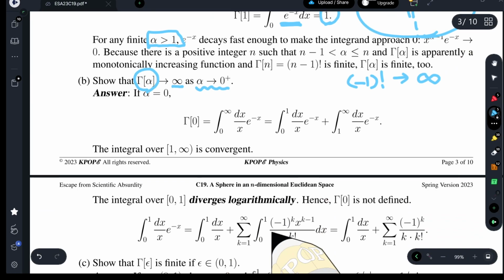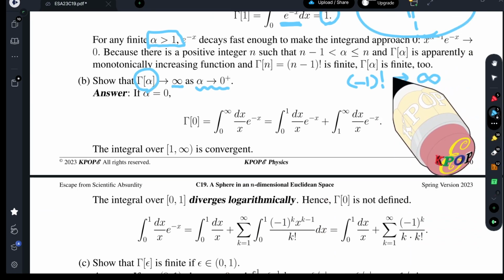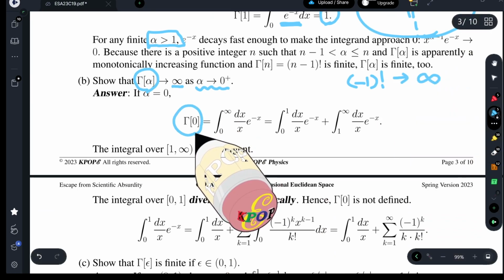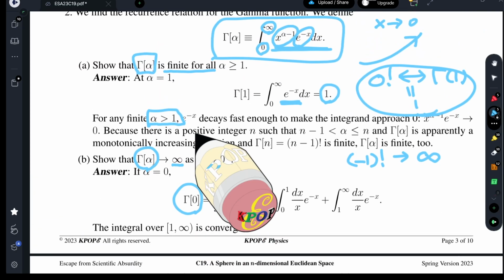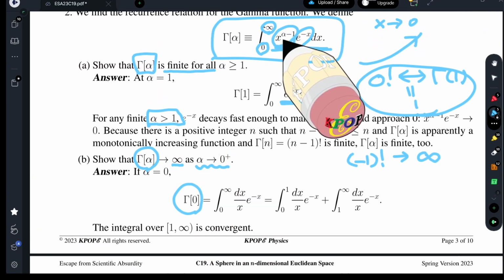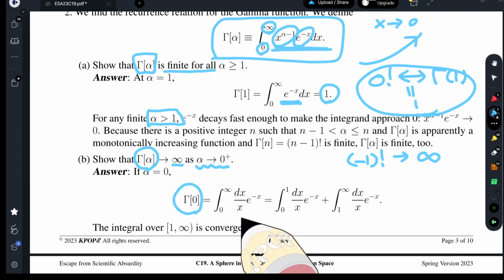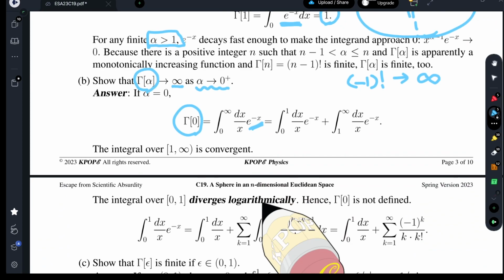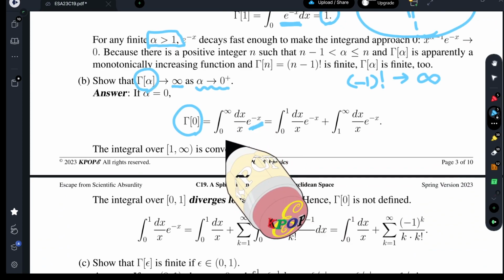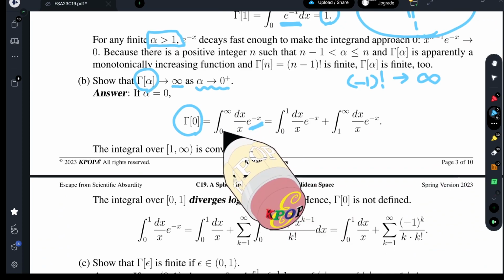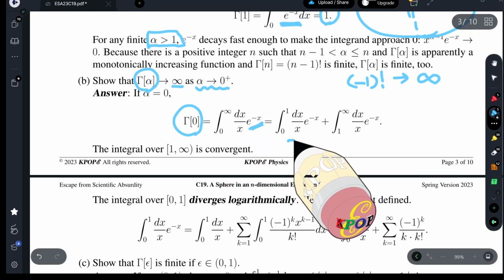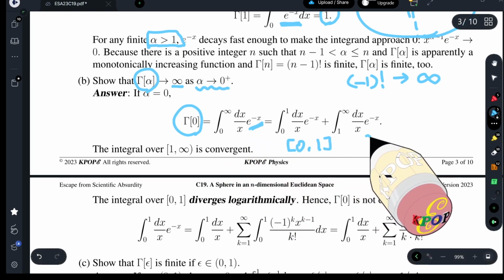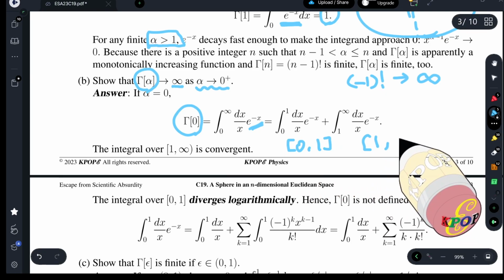Let's see why it is divergent. Gamma 0 can be written in this form. When alpha equals 0, we have a 1 over x and the exponential function. This integral can be divided into two pieces, the integral from 0 to 1 and from 1 to infinity.